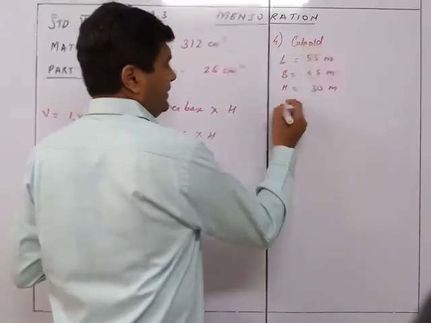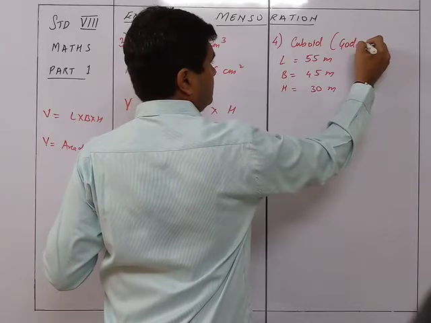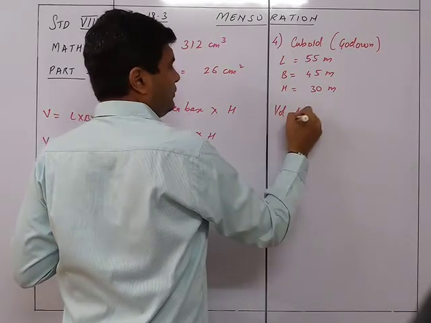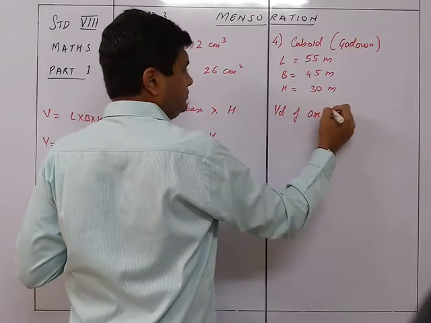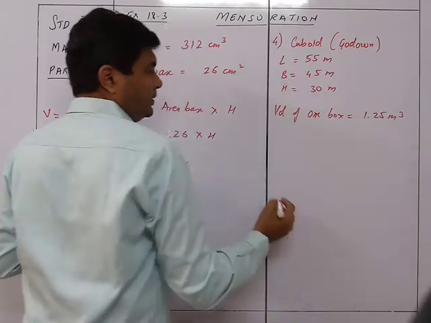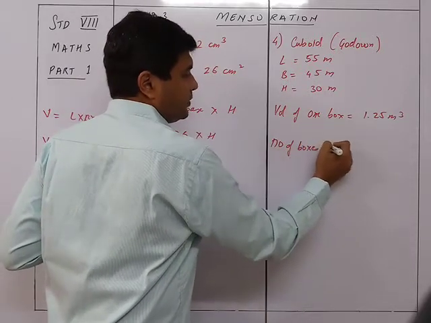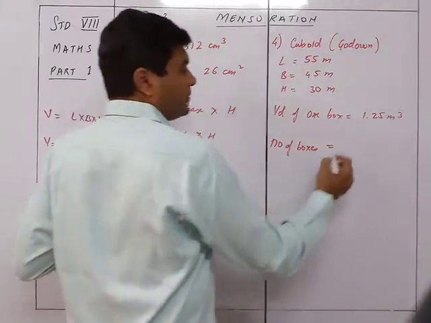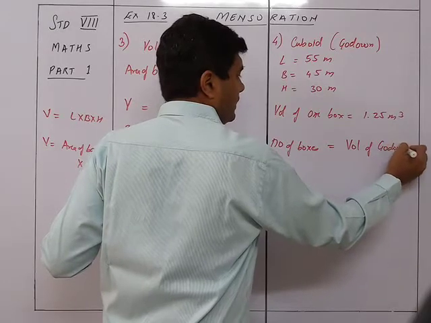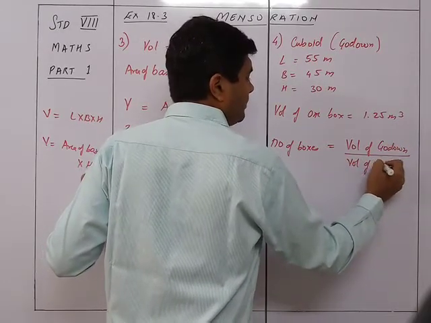This is the cuboid godown, and the volume of one box is 1.25 meter cube. So number of boxes is equal to volume of godown upon volume of one box.